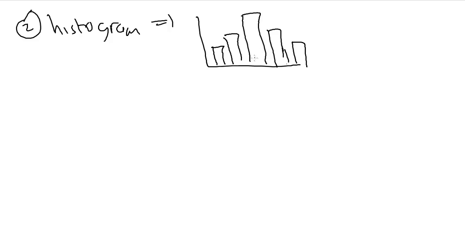You'd have a range. So this is, say, 1, 2, 3, 4, 5. If you were picking from 5 different things, for every 3 that you got, the height here would increase. For every 2, the height of the 2 box would increase, and so on.